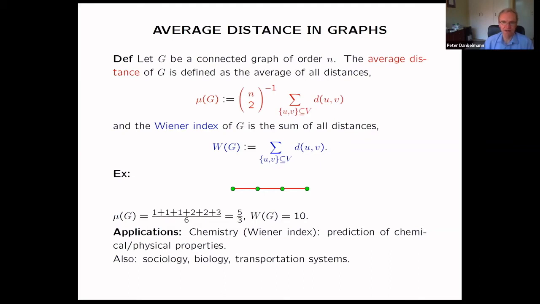And he had the brilliant idea of trying to predict chemical or physical properties of compounds by just drawing the molecule as a graph, with the atoms and the bonds, and then analyzing this graph. For example, looking at its diameter, but specifically he looked at the sum of the distances, and from there tried to derive things like the melting point or boiling point and other things. That was an extremely clever idea.